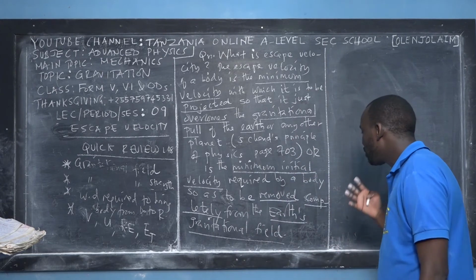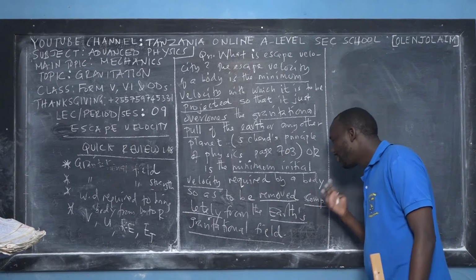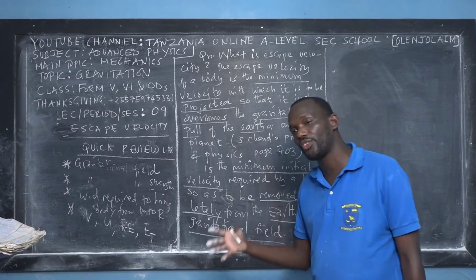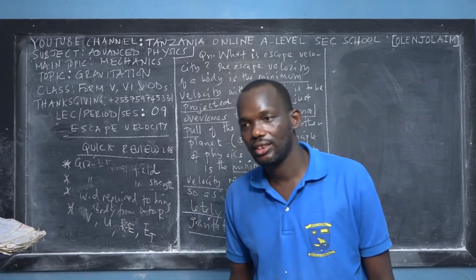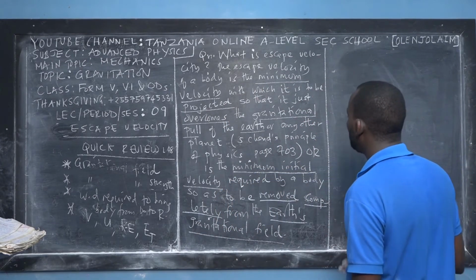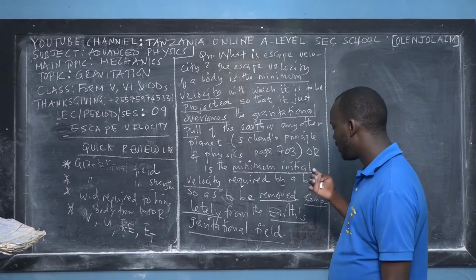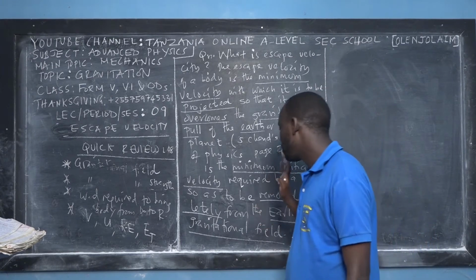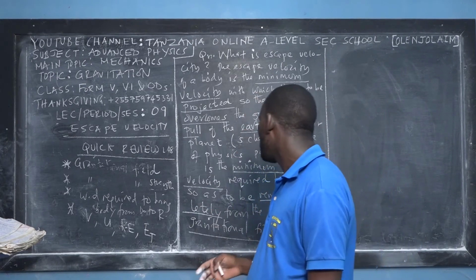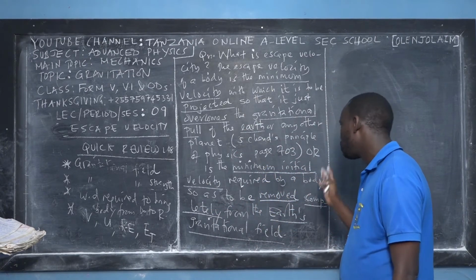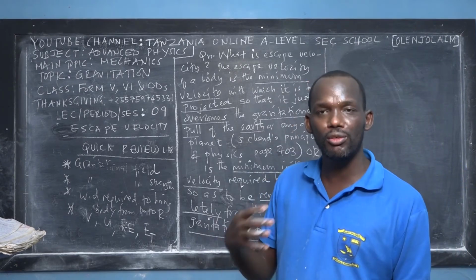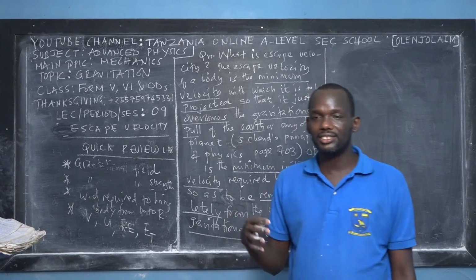And this velocity is required when we want to send a body away from the Earth's gravitational field or from the Earth's surface. That's the point when we need the escape velocity. If, for example, myself as a teacher, I were given the minimum initial velocity, which is called the escape velocity, then I would be leaving, or be removed completely from, the Earth's surface.